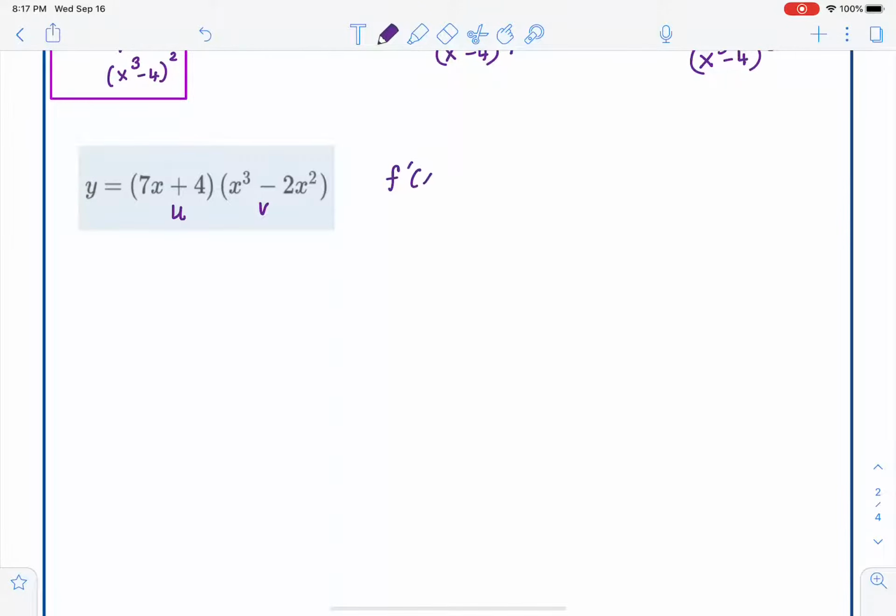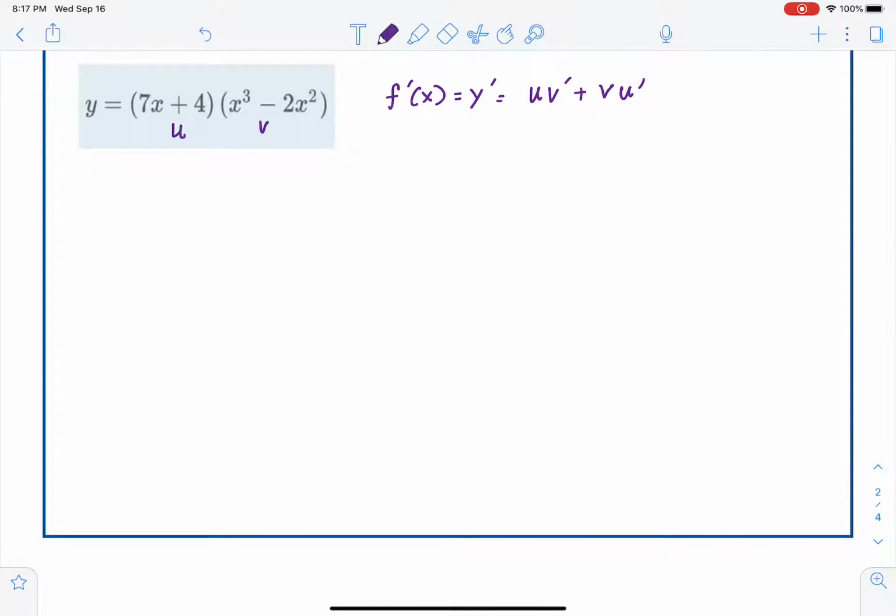The product rule states y prime is u v prime plus v u prime. So u is 7x plus 4, v is x cubed minus 2x squared, u prime is 7, v prime is 3x squared minus 4x.